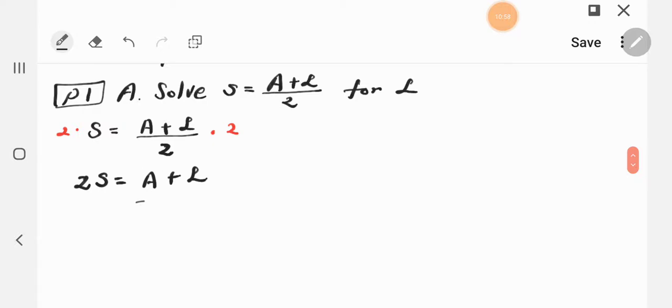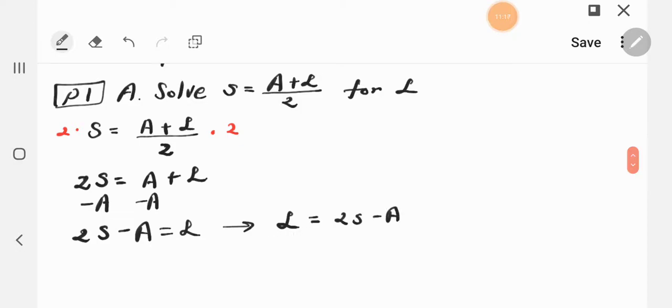How do we get rid of this A? Minus A each side, so that the right side will be just an L. So the left side is 2S minus A, which is equal to L. So from this, the solution for L is 2S minus A.